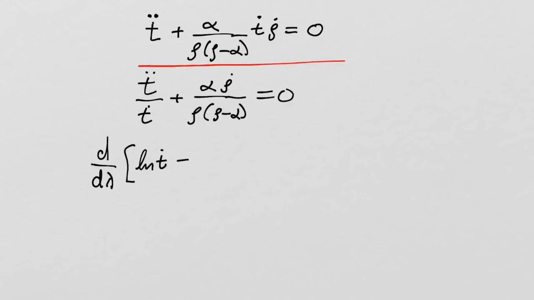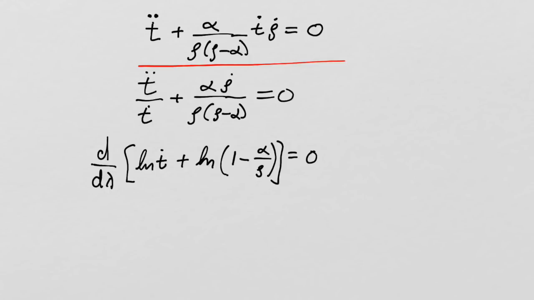Well, the answer is we have the log of 1 minus alpha over rho equals 0. This is a 1, alpha over rho. You put parentheses here, and then you close the brackets.